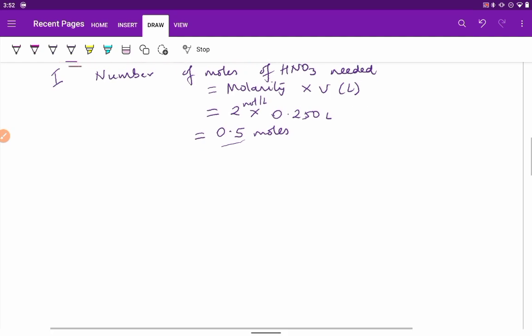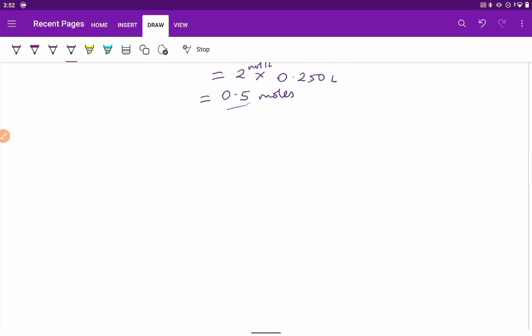In second step, next one, we should calculate mass of HNO3 needed.